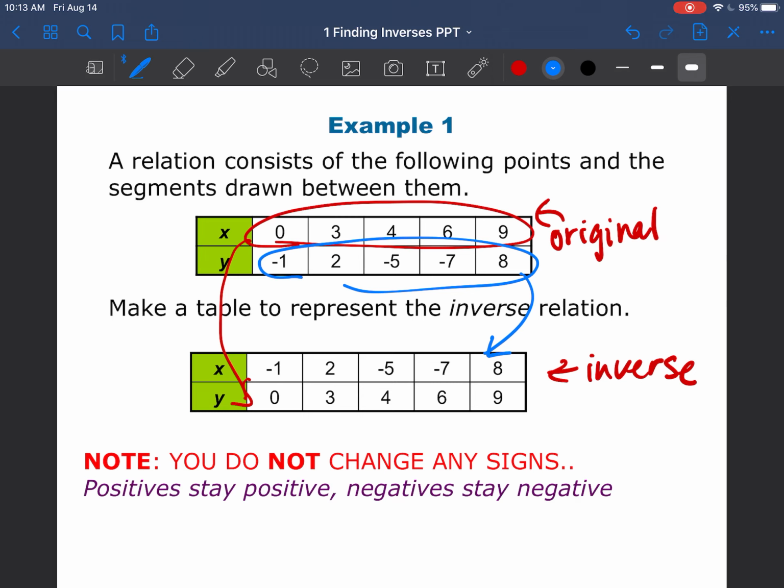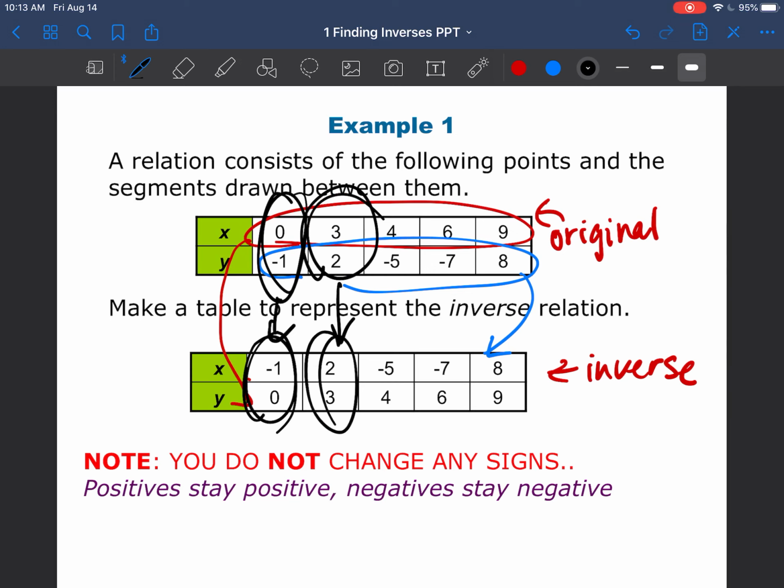And so this point, 0, -1 on the original, is now -1, 0 on the inverse. 3, 2 becomes 2, 3. Notice if we have a negative value, for example, this -5, we didn't change the sign to positive. We just flipped the inputs and outputs. Don't change any signs in this.